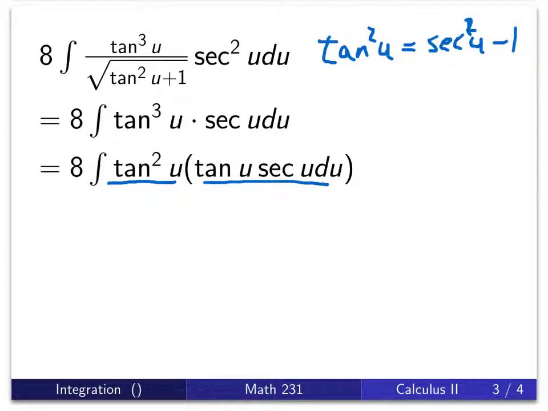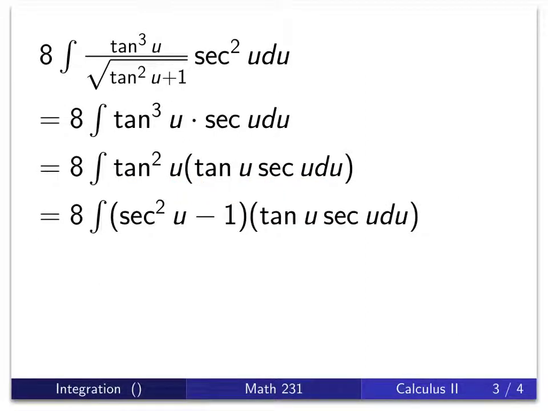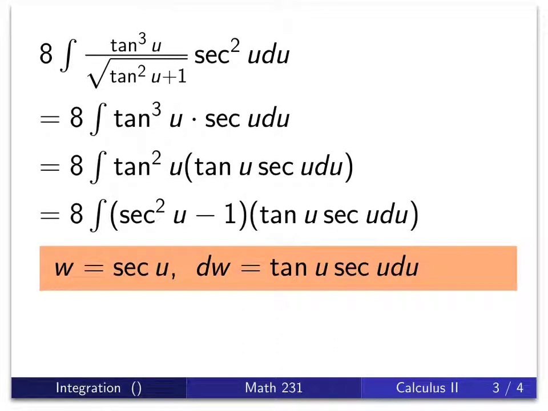So I'll replace that, and now I can make a substitution. W will be equal to the secant of u. There we have it. So now we can replace this with dw, and secant of u becomes w squared.